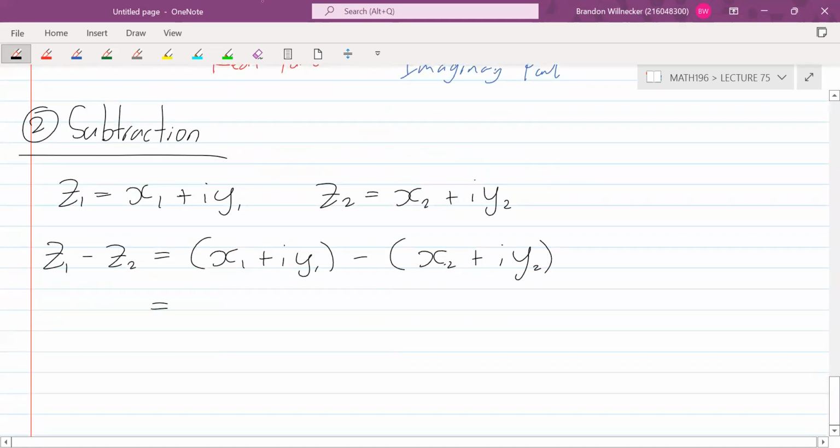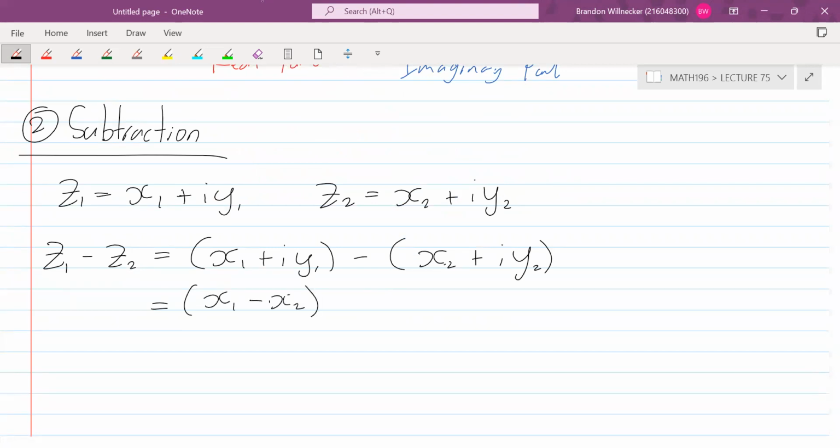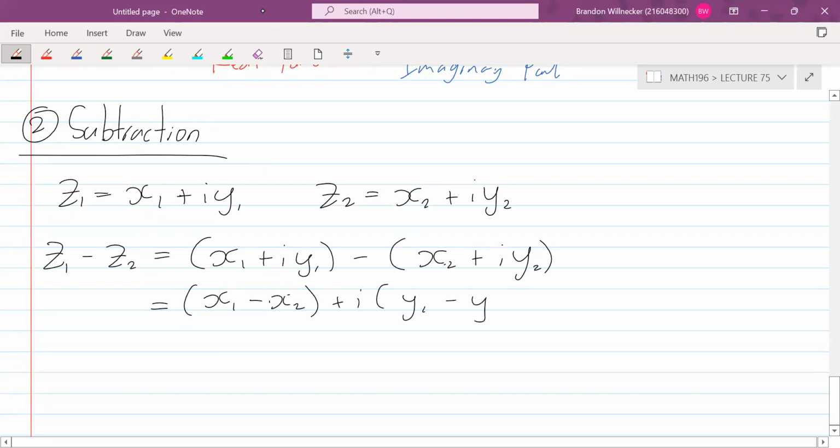And that's equal to x1 minus x2. And again, like we had before, this i y1 minus i y2, we can join those two together. And again, we can factor out the i. So we have plus i times (y1 minus y2).